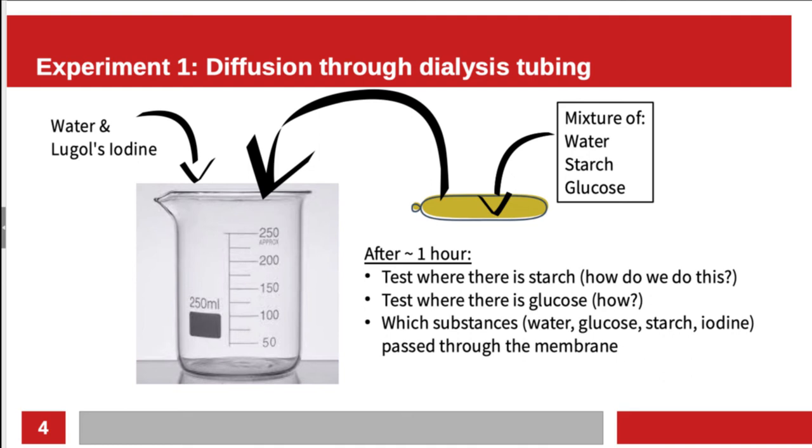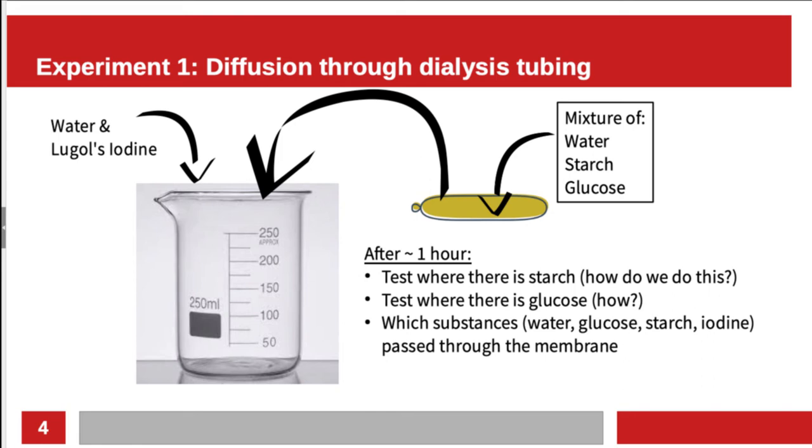Following that, make sure it's well sealed at both ends, and we're going to put the dialysis tubing into the beaker with the iodine and water, and let it sit there for about an hour. During that time, some of the substances that are in the beaker or in the dialysis tubing might be able to move through the membrane. Okay, and so you should be able to predict which substances are able to move through.